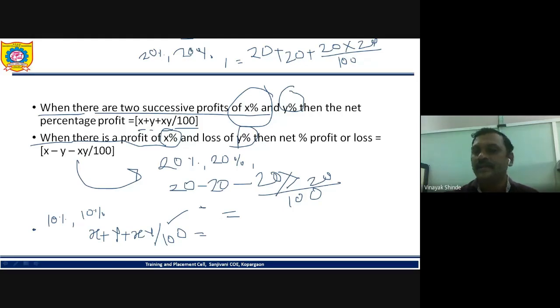X plus Y plus XY by 100. Only one formula, and only in the loss case, consider loss as a negative. You can use this formula for calculation of successive discount, the compound interest, as well as successive profits. All right, so this is the basics about profit and loss, discount, and successive profits and losses.